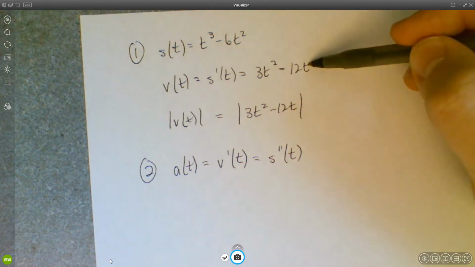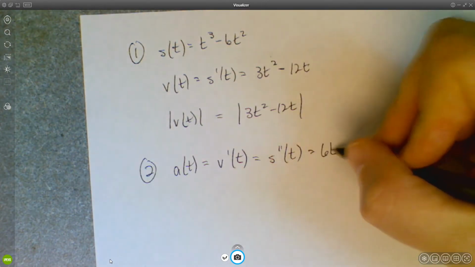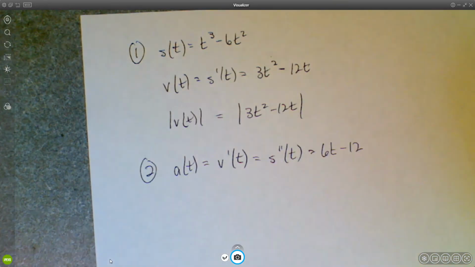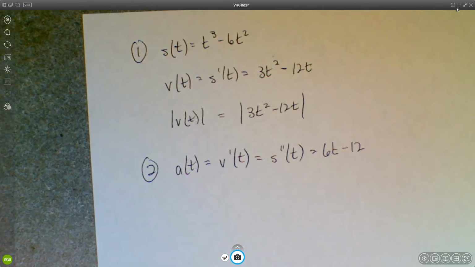Here's the first derivative, so the second derivative is just going to be 6t minus 12. Okay, so just a straight line. Let's take a look at that in Desmos. 6t minus 12.